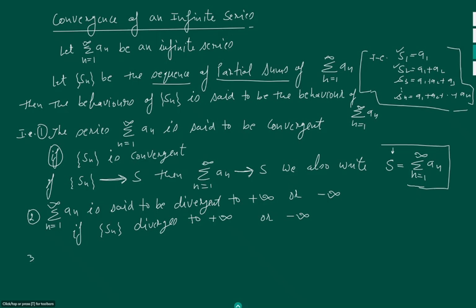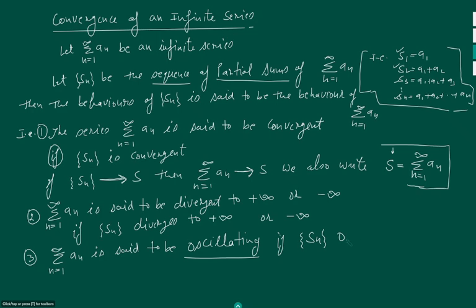And we say that the series oscillates, the series is said to be oscillating, if the sequence of partial sums oscillates.